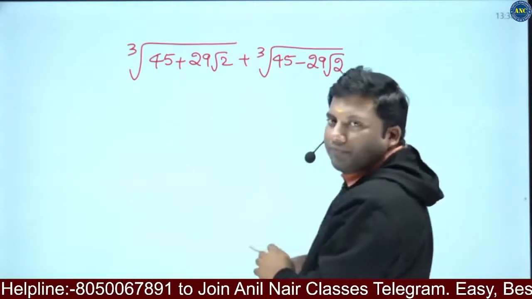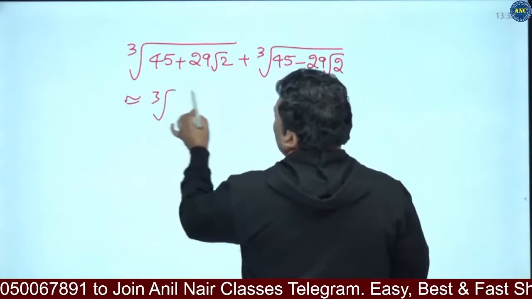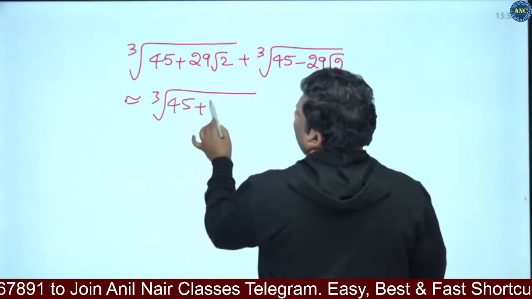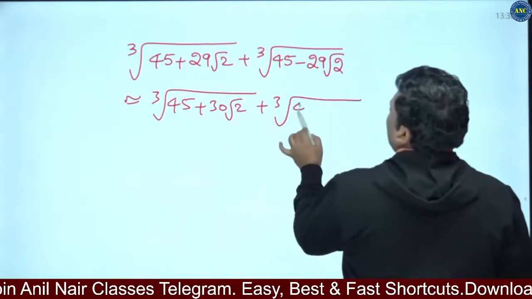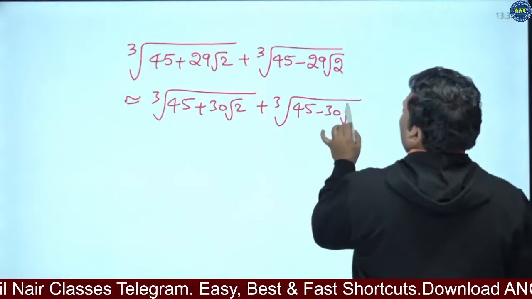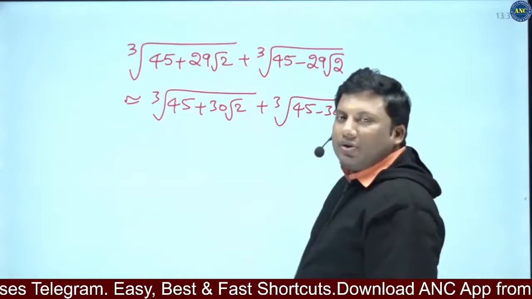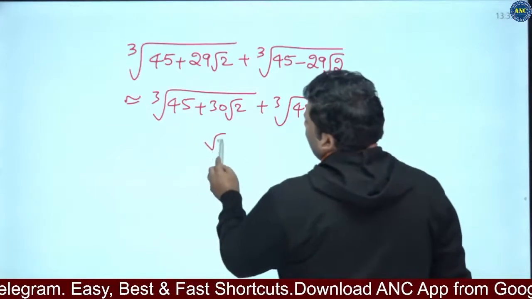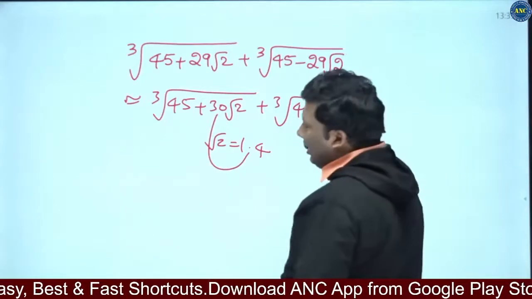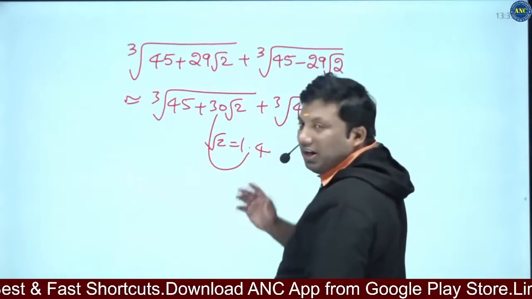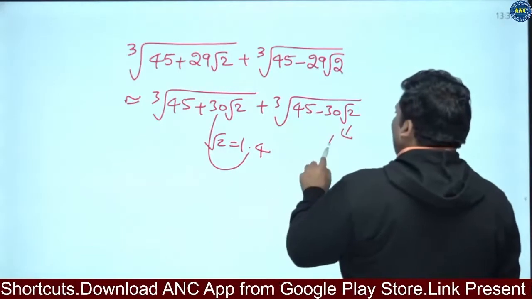Wherever root 2 is there, it is very close to cube root of 45 plus 30 root 2 plus cube root of 45 minus 30 root 2. Are you all with me? Wherever root 2 is there, substitute 1.4. If I substitute 1.4 into 30, it is close to 42. 42 plus 45 is 87.